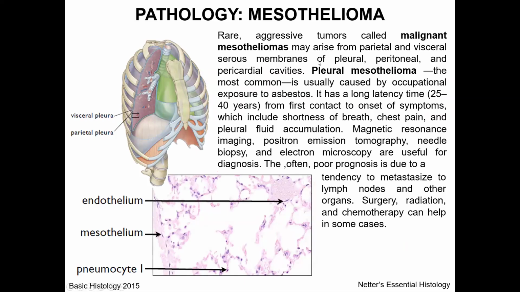I mentioned also that the simple squamous epithelium is a cell from which cancers often originate, and the severe cancer, the mesothelioma, originates in the mesothelium that covers the pleura surrounding the lungs.